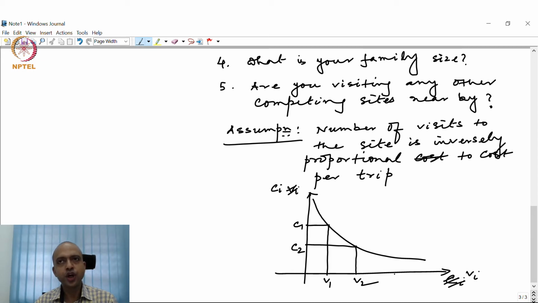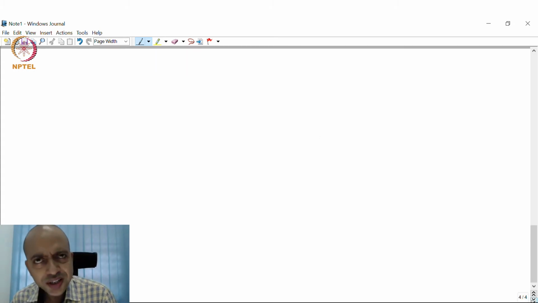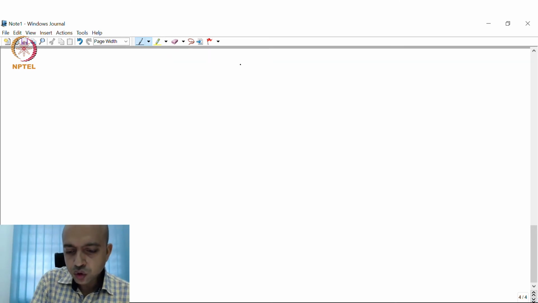Keeping those other socio-economic and demographic factors aside for simplicity's sake, we assume the demand for that particular site is a function of only cost per trip, denoted by Ci. Right? So now, what is this cost? How do you calculate the cost?